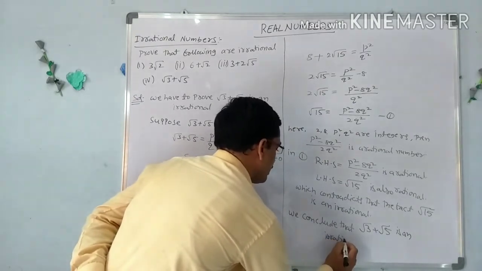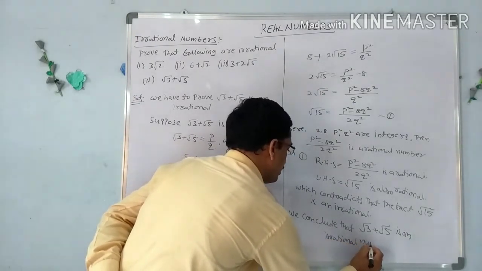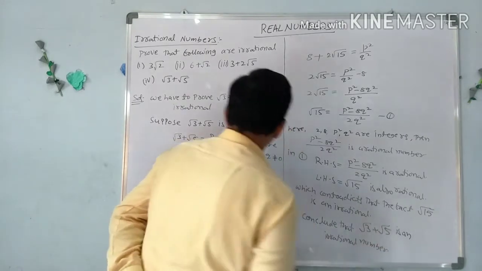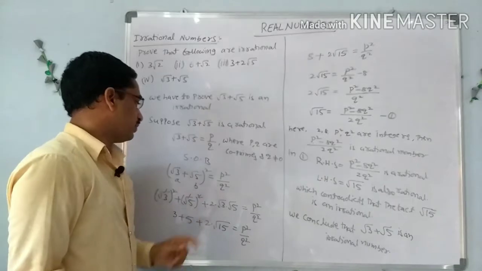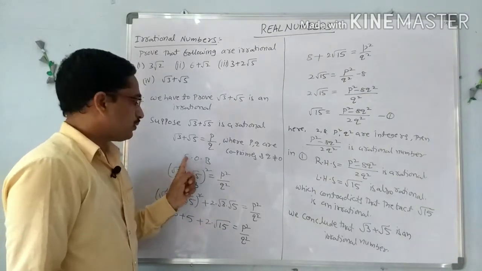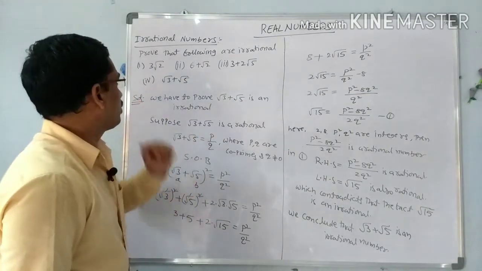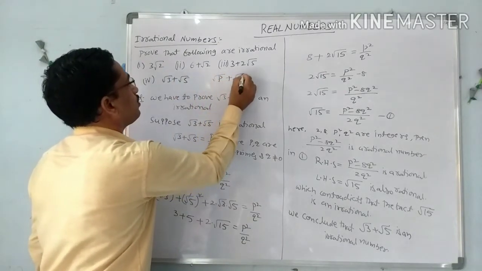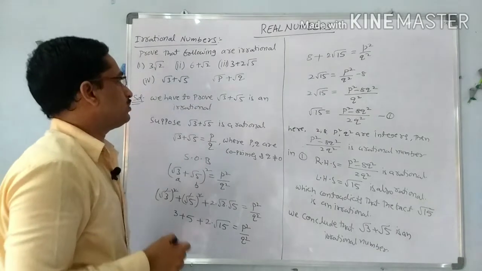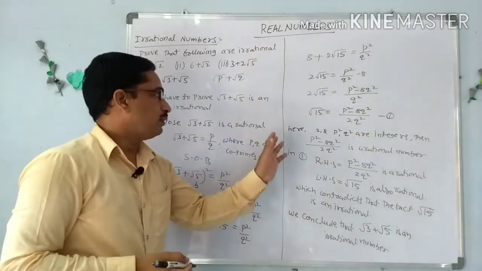So remember always, if two root terms are separated with plus or minus, we have to square on both sides. And one more problem we can solve in the same model: prove root p plus root q is irrational in the same way.